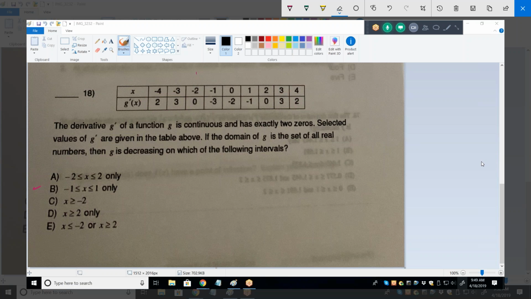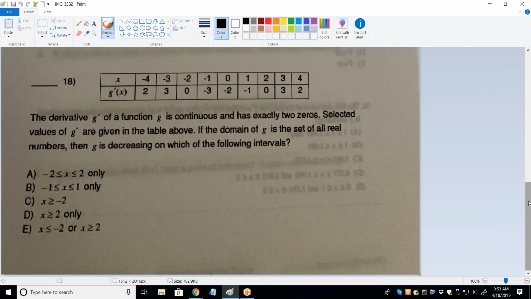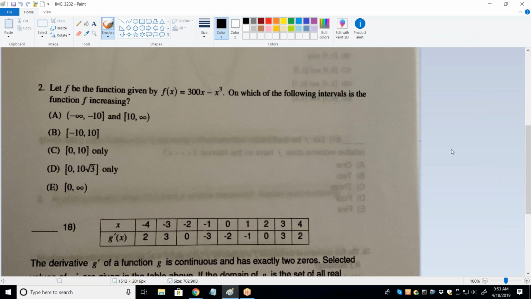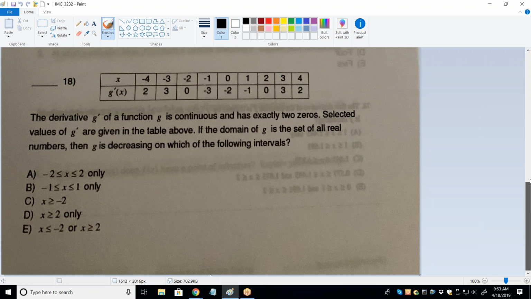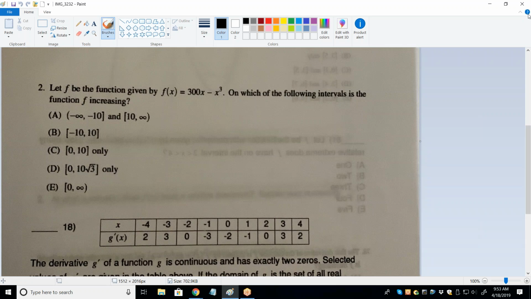But in decreasing, it's only B, which means for sure that this is a typo. But I would still check with your teacher. Okay, I will. Parentheses next to those tens instead of brackets. Okay. Not like them to have too many typos on these things.